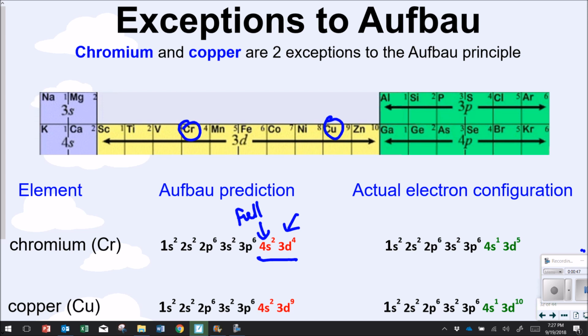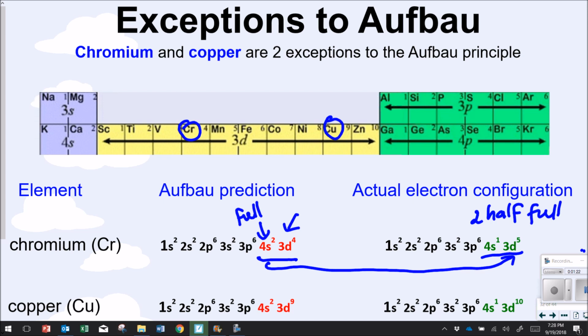So one of the electrons from the 4s sublevel moves to the 3d sublevel so that we end up with 4s1 3d5, and here we have 2 half-full sublevels, which is more stable than the original Aufbau prediction.